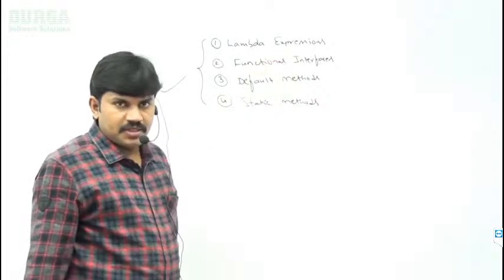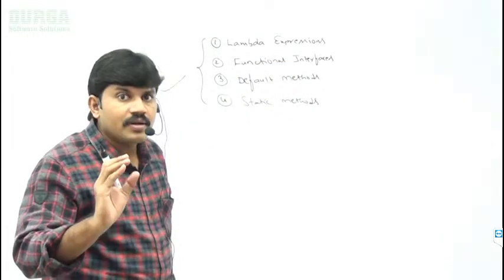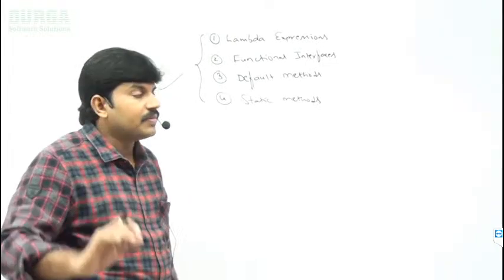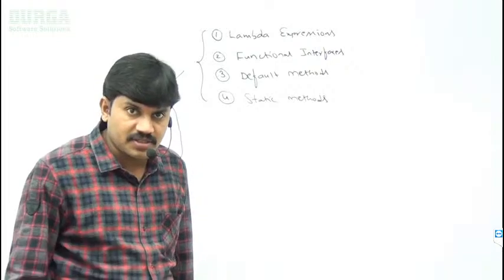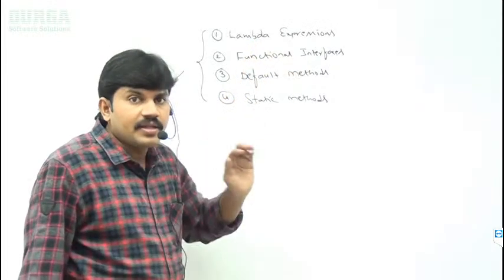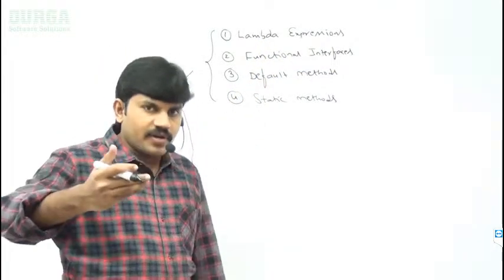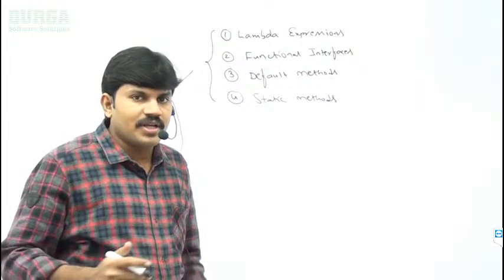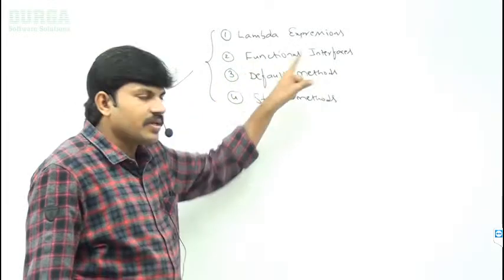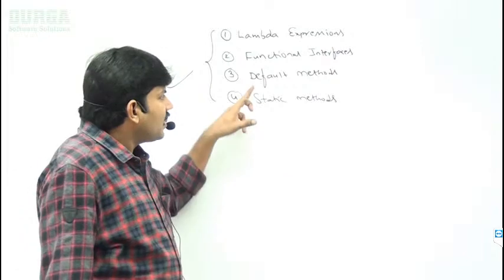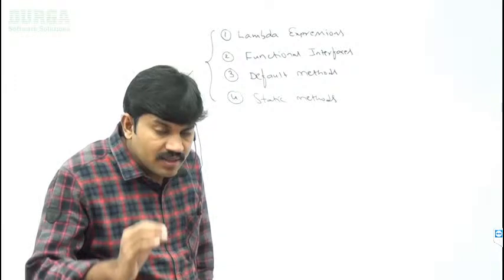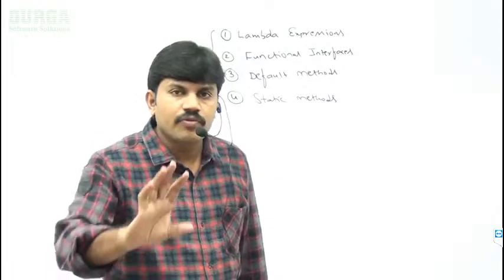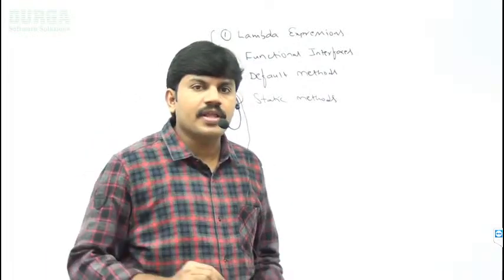So lambda expressions: a method which does not have any name, an anonymous function, is by default considered a lambda expression. Once I write a lambda expression, to call it we went for functional interfaces. Until the 1.7 version, inside an interface we can take only public abstract methods.